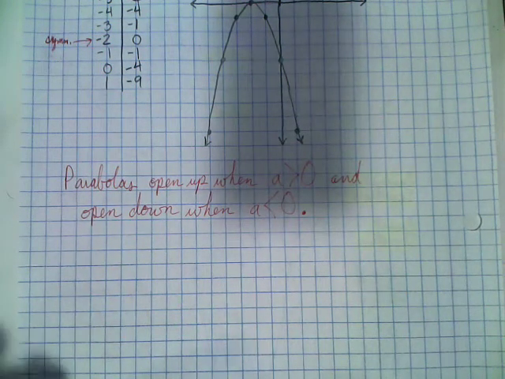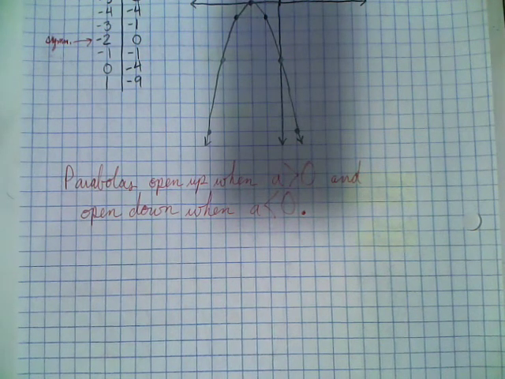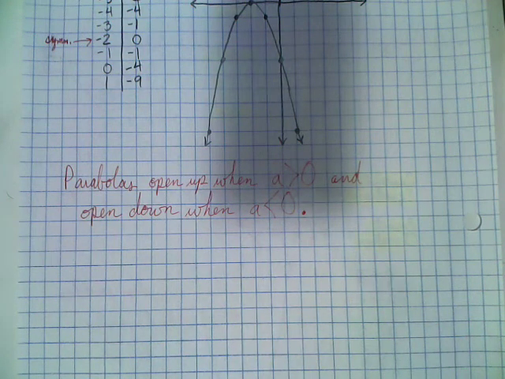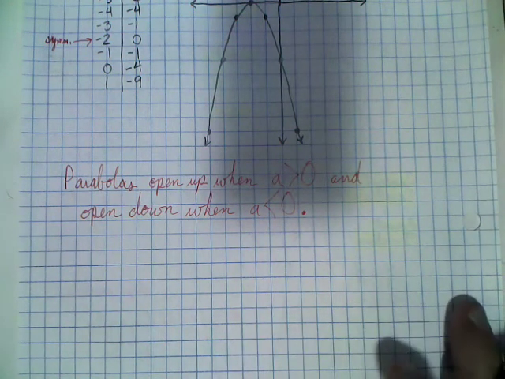So if you have a negative leading coefficient, that A is negative, then expect it to open down. If A is positive, it will open up. So just looking at a glance at the equation, you should be able to tell if it opens up or down. So with that being said, we're going to take a look at one more example, and then we're going to call it good for today.